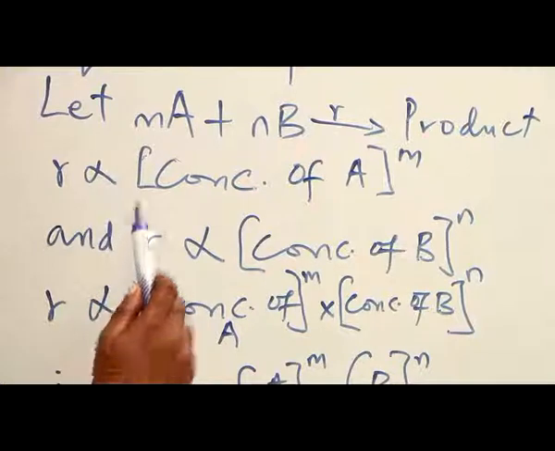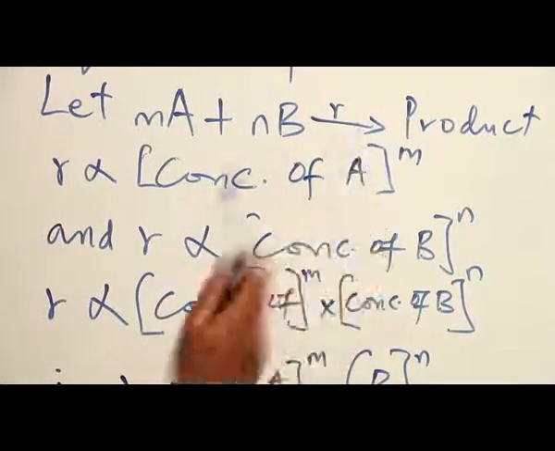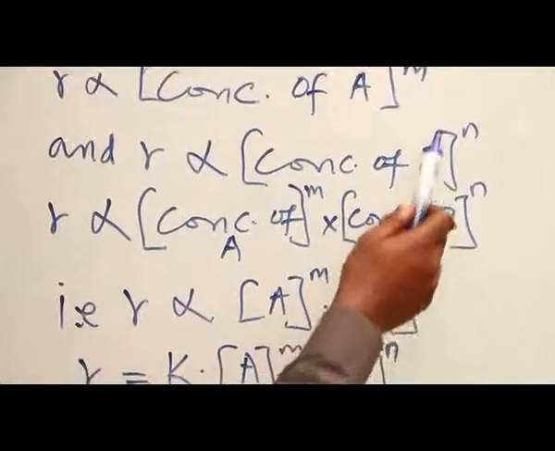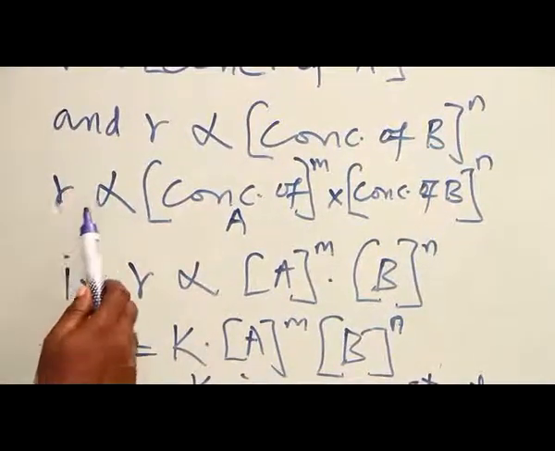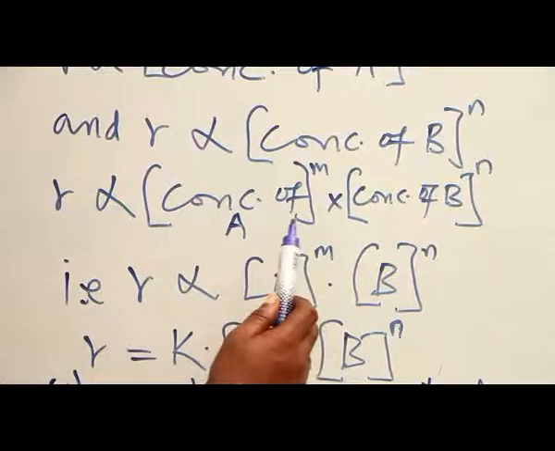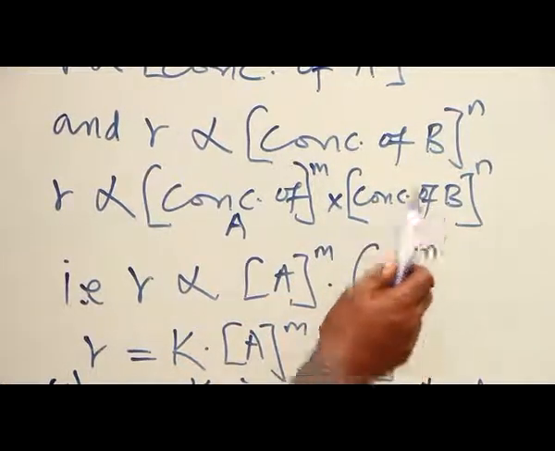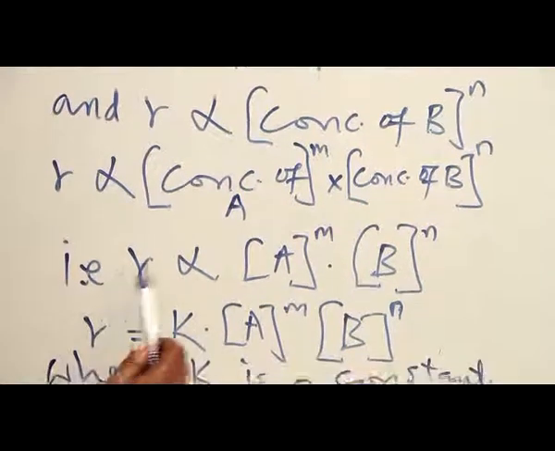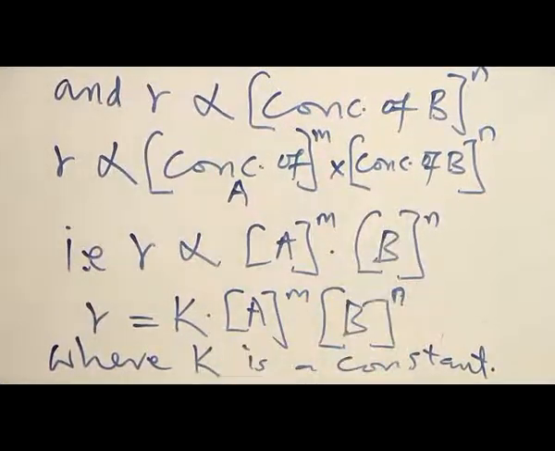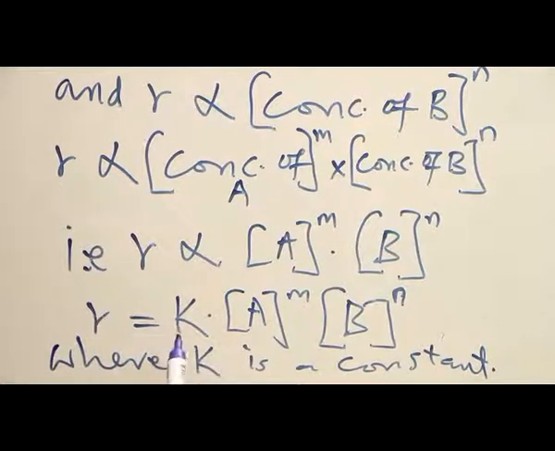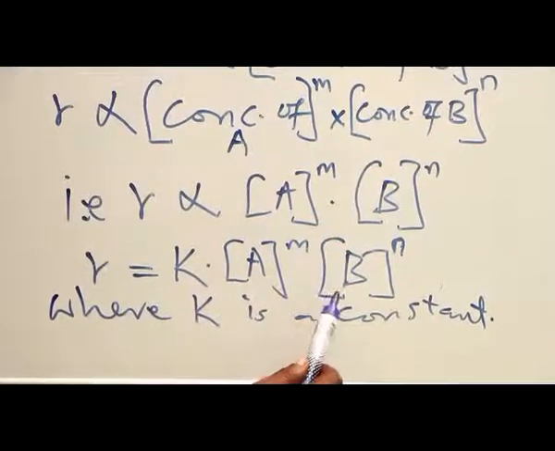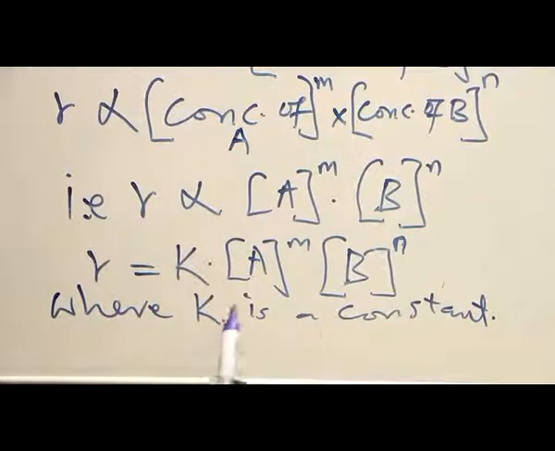R is proportional to the concentration of A raised to power M, and R is also proportional to the concentration of B raised to power N. R is proportional to the concentration of A raised to power M multiplied by the concentration of B raised to power N. R is equal to K multiplied by the concentration of A raised to power M multiplied by the concentration of B raised to power N, where K is a constant.